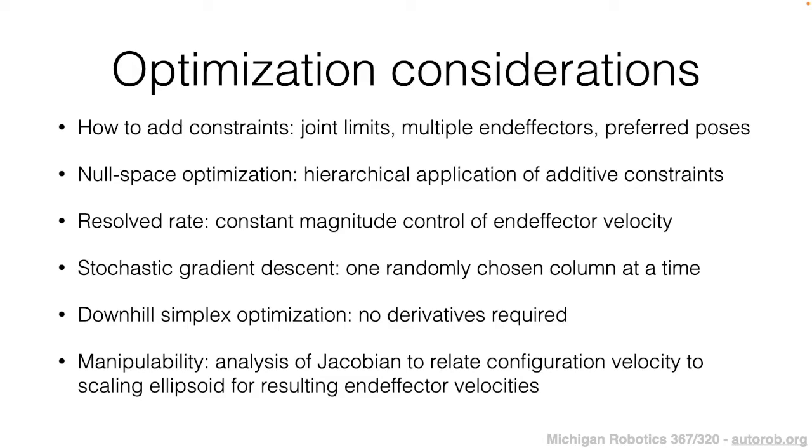The first bullet point here is really an important one, which is that we haven't considered adding constraints within our inverse kinematics. Currently, all of our discussion on inverse kinematics has assumed that we simply want to find the joint configurations that will satisfy some desired end effector pose. But this ignores notions of joint limits, or if we have multiple end effectors on the robot which are going to share joints, so share degrees of freedom, or if we have preferred poses, or if there are collisions in the environment that we want to avoid.